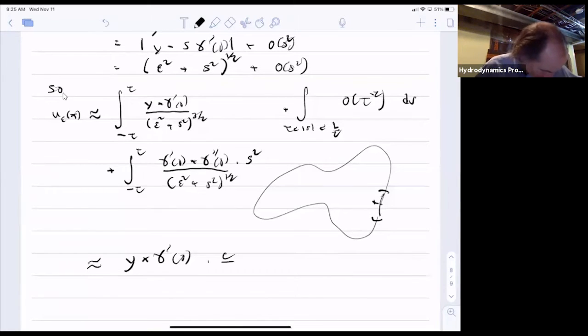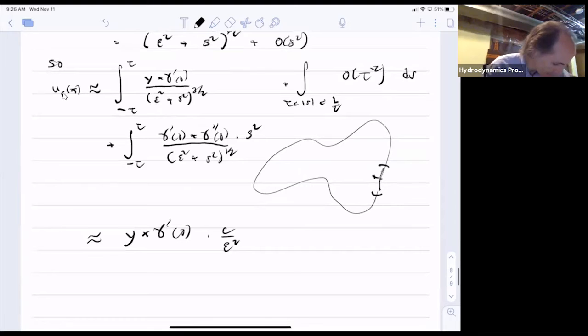So there's some constant over epsilon squared. And so this looks like epsilon to the -3 when s is less than epsilon, and it looks like s to the -3 when s is bigger than epsilon, so it's sort of cut off when s is less than epsilon. So that's what we get.